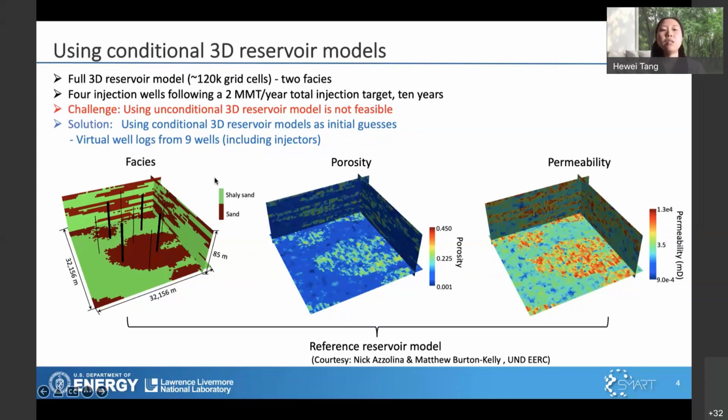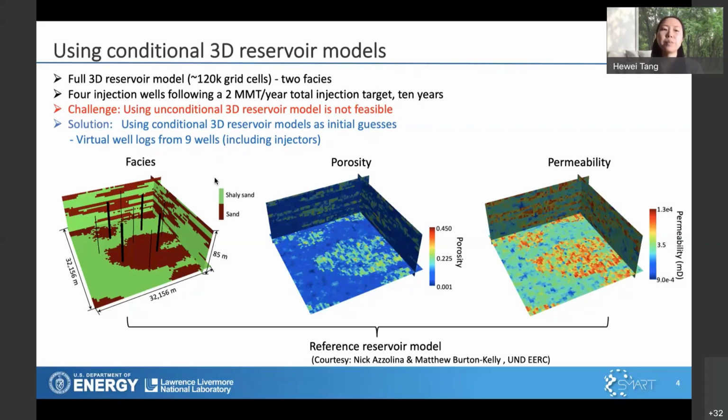And so we initially started with an unconditional 3D reservoir model, just as what we did for the 2.5D workflow. And then we found that it's really challenging and maybe not feasible, since in the 3D case we are dealing with a much larger reservoir parameter space. And also this boundary condition tends to be especially challenging for surrogate modeling development in the 3D case, since it is hard for our surrogate model to figure out these vertical connections and how the rates are allocated.